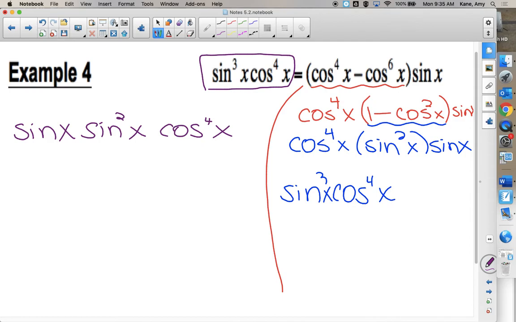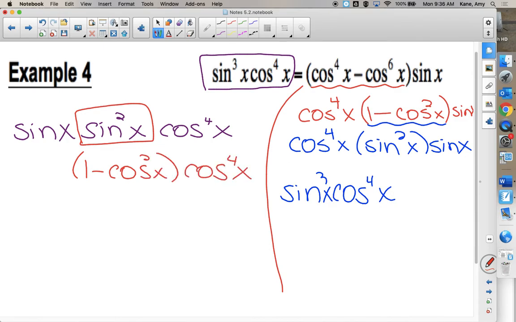Carrie, if we do the other one using that same information, sine squared becomes 1 minus cosine squared. That easy. There's still a cosine to the 4th. We now have that single sine by itself. And then if you distribute, instead of factoring, if you distribute the cosine to the 4th through, we have the sine in the front.